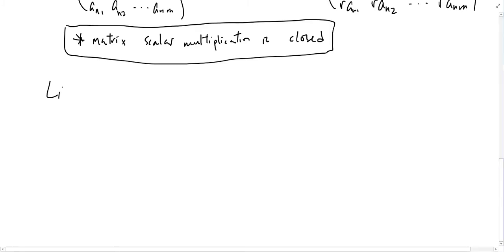So the next thing I want to show you is linear combination of matrices.